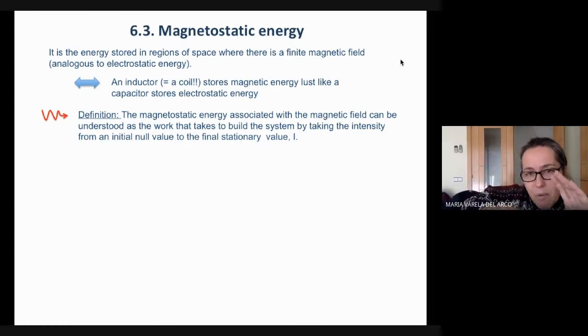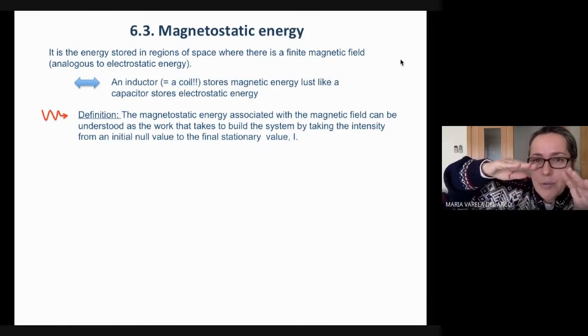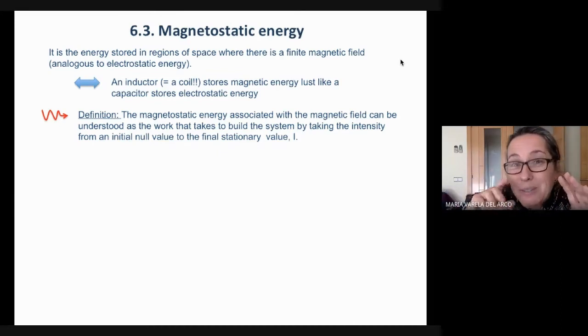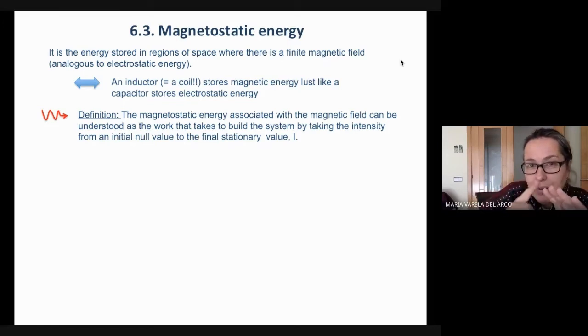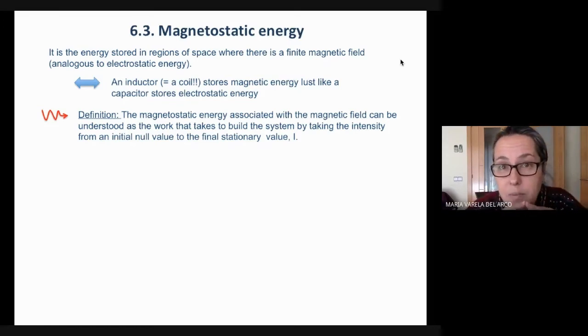So during this process of ramping up the intensity up to the final value, an intensity that depends on time is flowing through my coil. It's increasing from 0 to the final value, but during this transient, this period, the intensity depends on time, right? So the work that it takes to cause this process to happen is going to be the magnetic energy that ends up stored in the system.